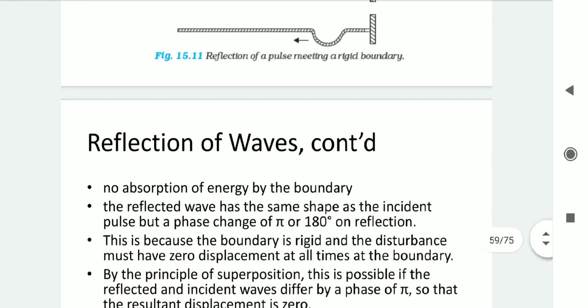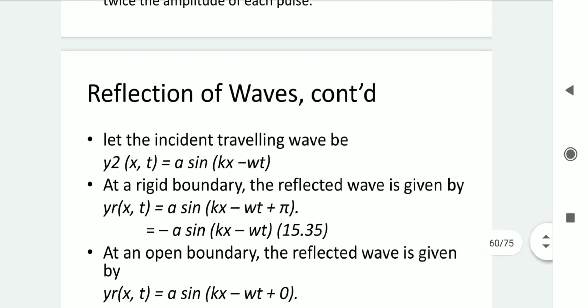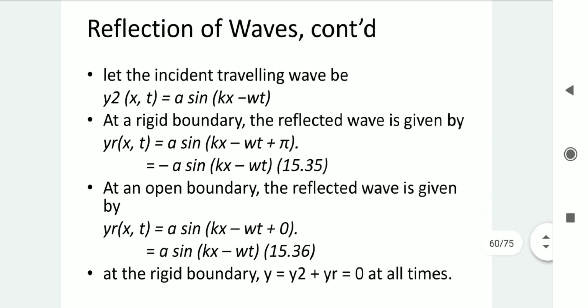Let us understand this mathematically. The incident wave is yi(x,t) = a sin(kx - omega t). From the rigid support, the reflected wave is yr(x,t) = a sin(kx - omega t + pi), which gives minus a sin(kx - omega t).